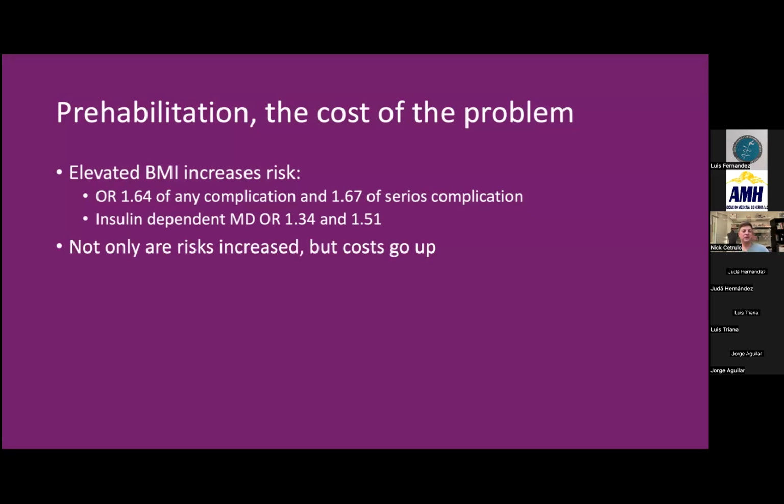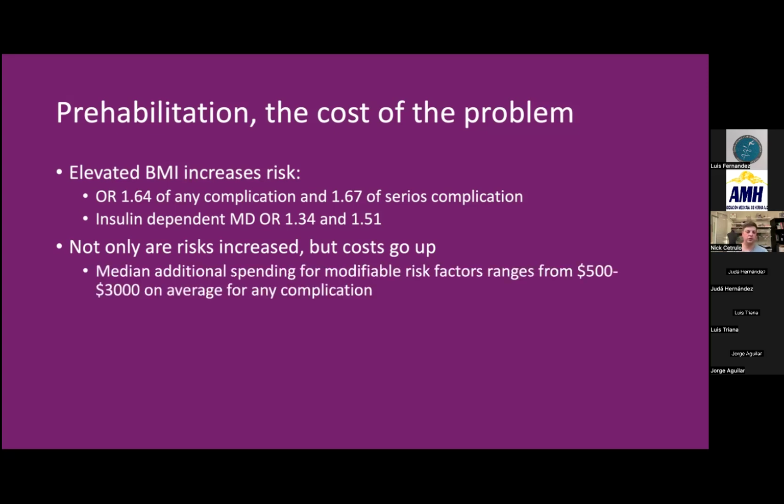Not only do the risks of complications, especially serious complications, increase, but the costs go up as well. Median additional spending for these modifiable risk factors can range anywhere from $500 to $3,000 per patient for any complication. And when you talk about serious complications, this gets us up to $20,000 because usually you're involving ICU care, further operations, things like that.